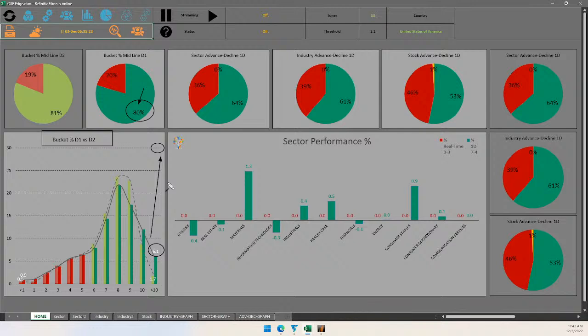So there is a long way to go before bucket analysis becomes overbought. That means that market is at an overbought level. When we look at market breadth total view, we see bullishness is slowing down when we look at sector, industry, stock advance decline, but some stocks have way to go before they become overbought, and those are the stocks we may look for buy setups.